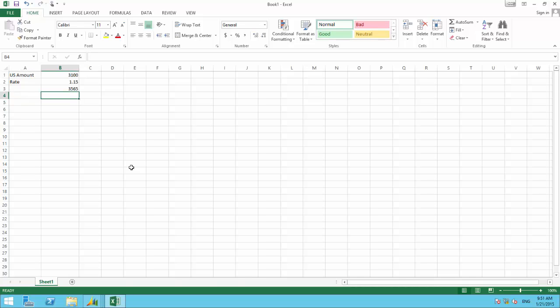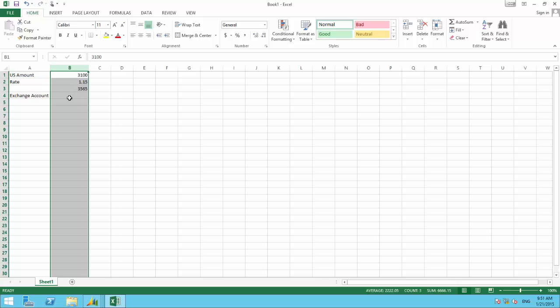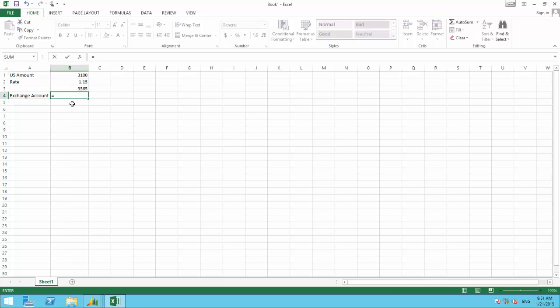Now what that means is the amount in my foreign exchange account should be this amount minus this amount. So I should have $465 in that account.